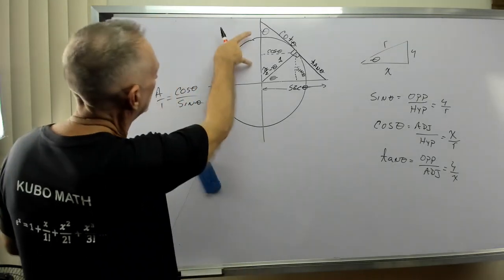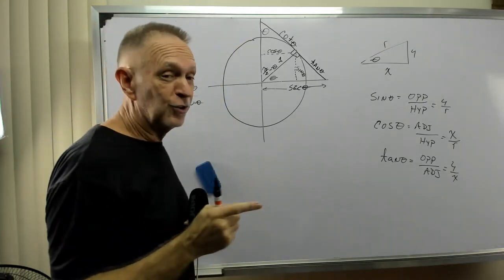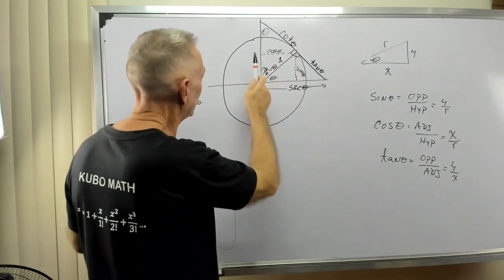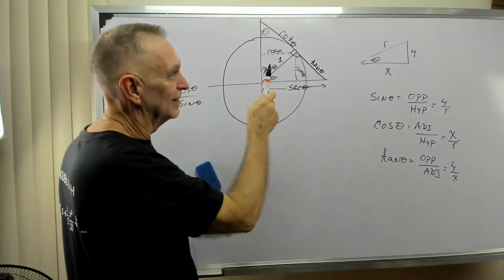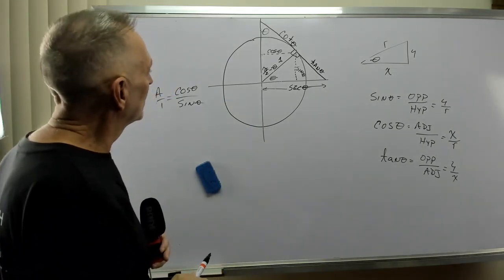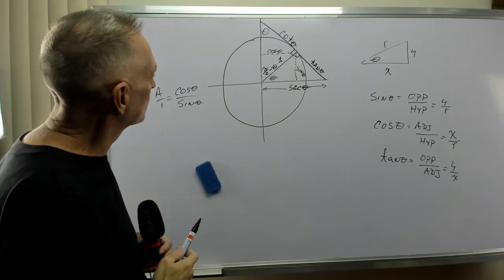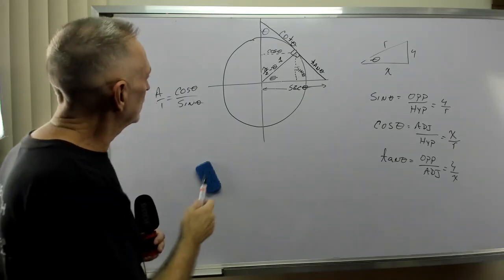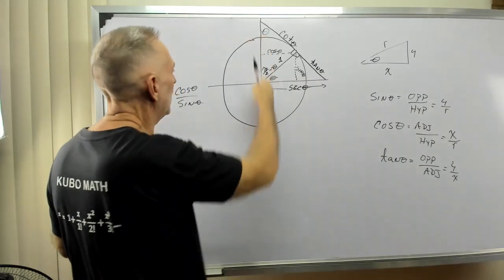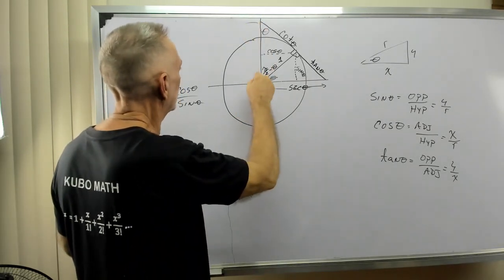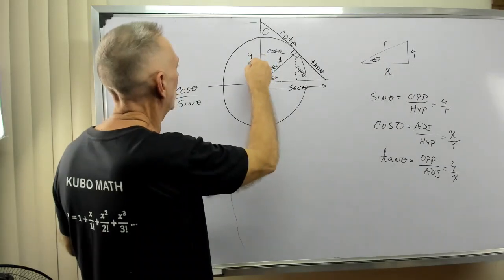What about this side? Now I could use the Pythagorean theorem here. Cotangent squared plus 1 squared is cosecant squared. But how can we get that a different way? All right, this is a y value, so we're going to say this length is y.